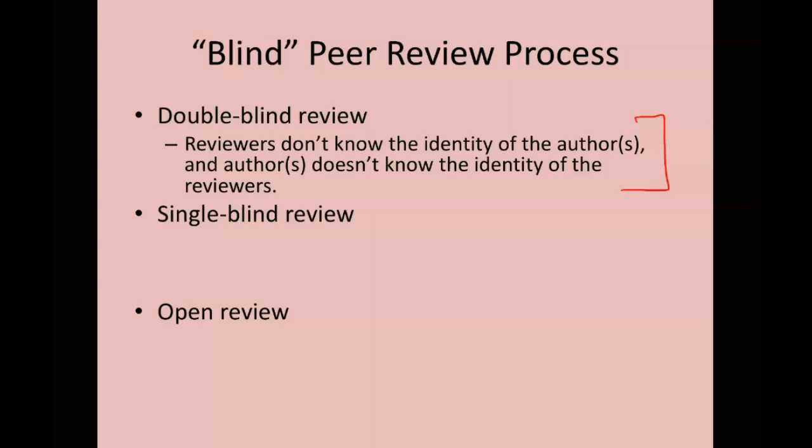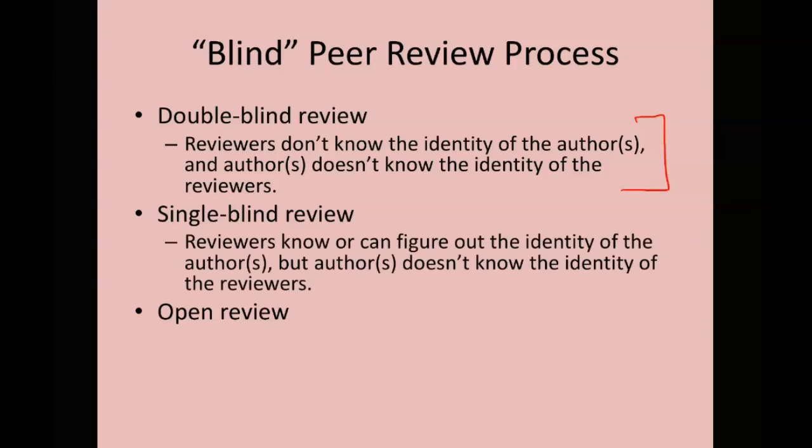So particularly if the study is based on data from somebody's institution, it's going to be challenging to double blind that. So more often you'll have a single blind review where the reviewers know, or at least they can probably figure out the identity of the author or the authors, but the authors again don't know who the reviewers are. Those are usually the standards of that blind peer review process.